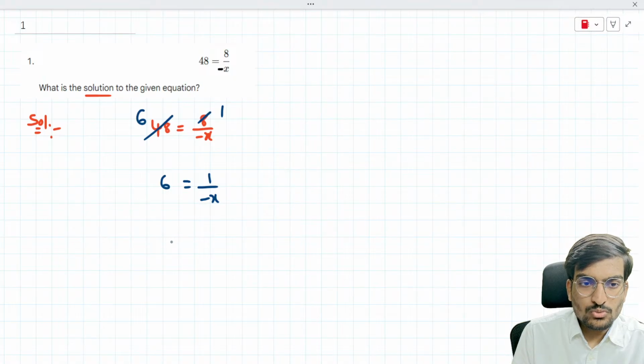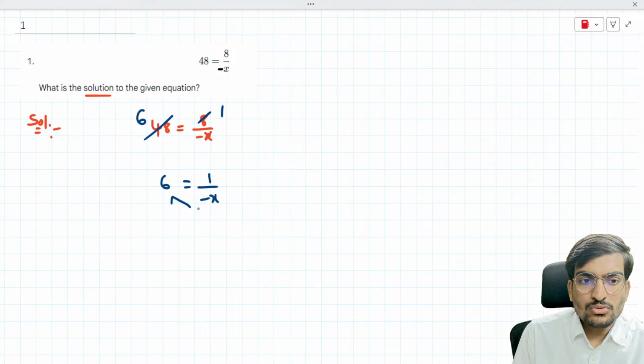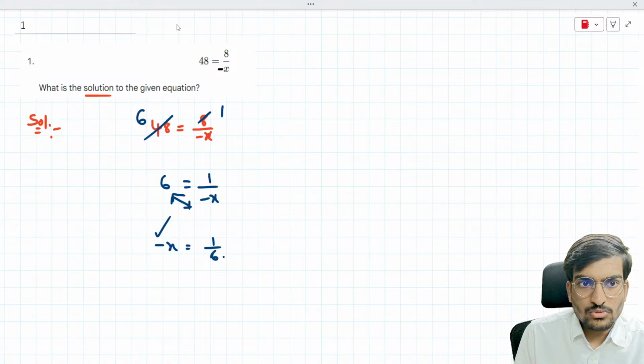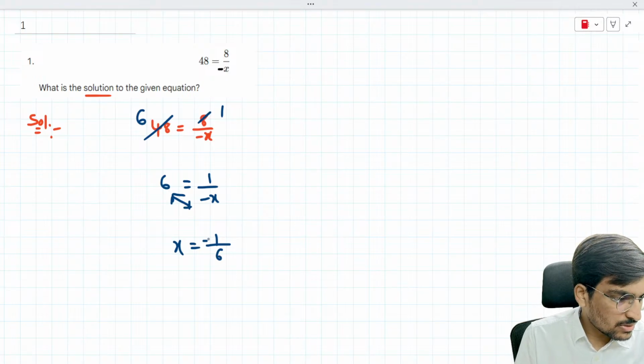So we just switch these two terms. I move this negative x to the other side and this 6 to the other side. This is what I get. I don't want this negative, or else I can keep this negative as it is. x equals negative 1 by 6. That will be the answer.